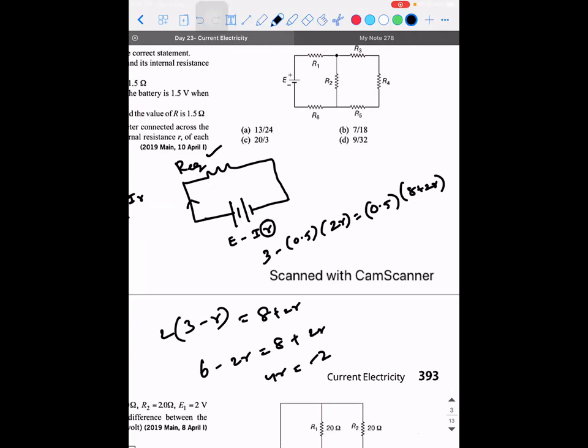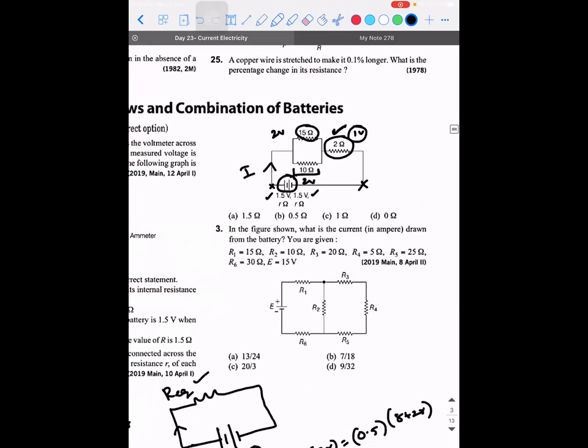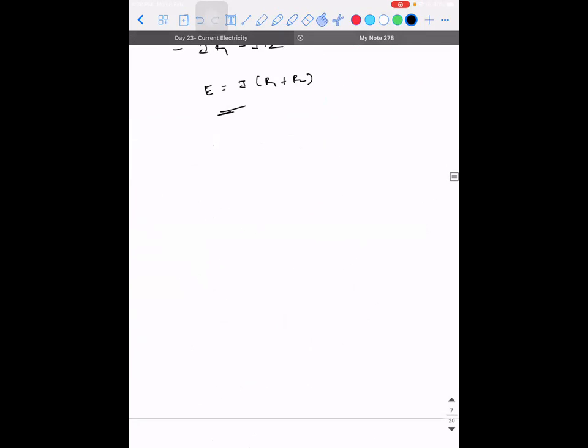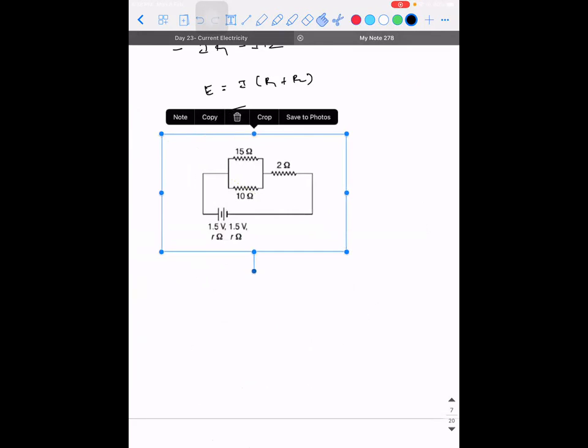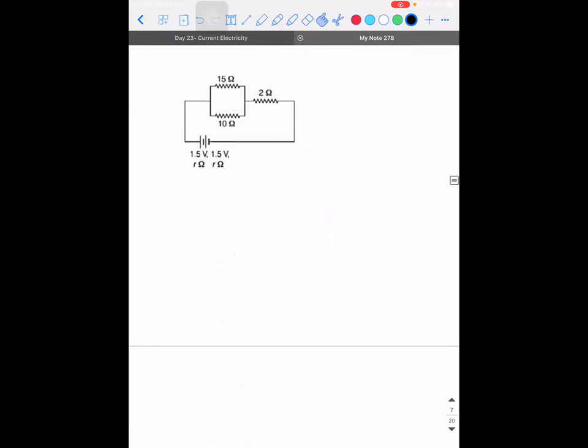Okay, let me try out something differently. Let's try out the problem like this.